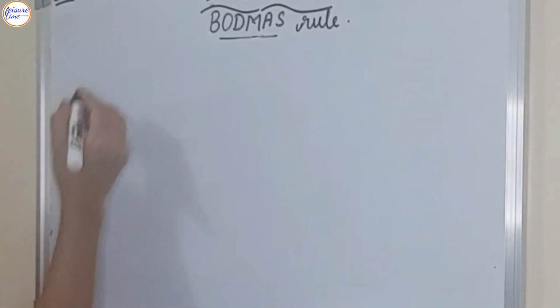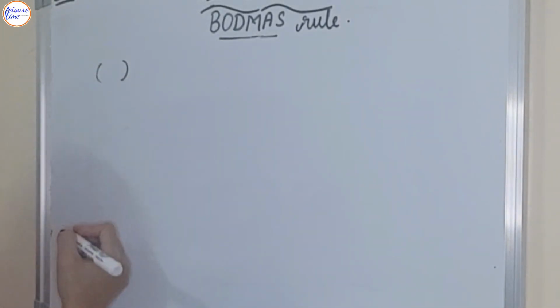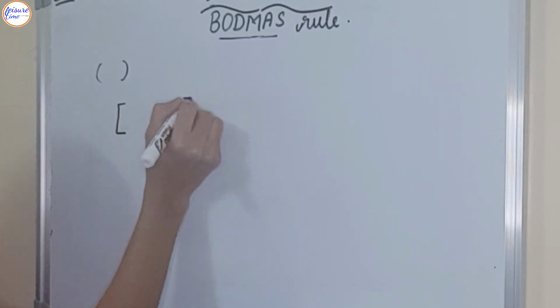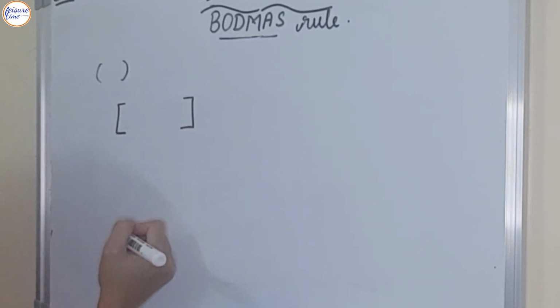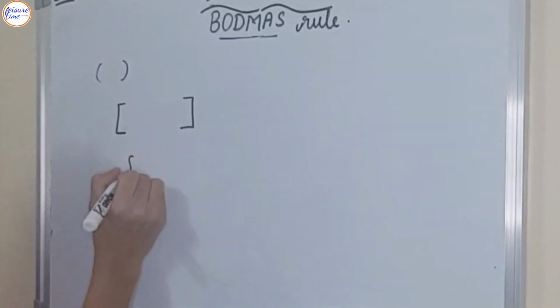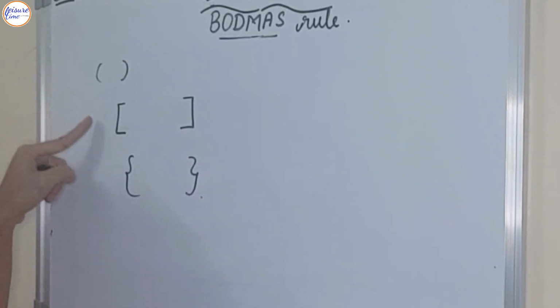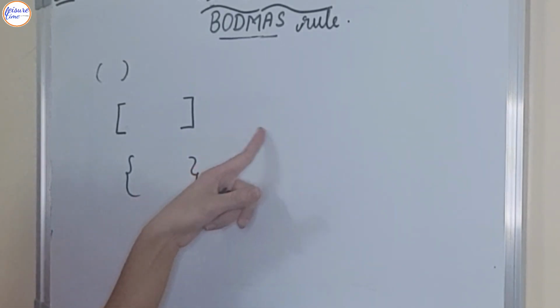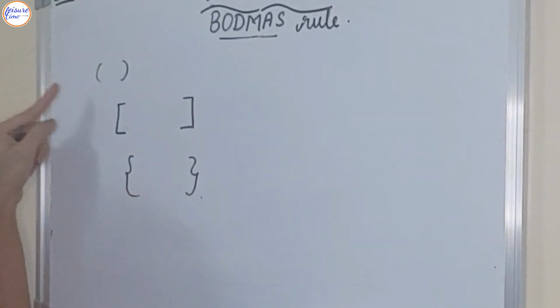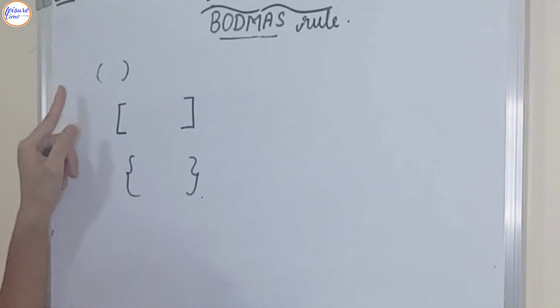Now except this small bracket, we have the big brackets or the square brackets and the curly brackets. If all these brackets come in one expression, what will you solve first?